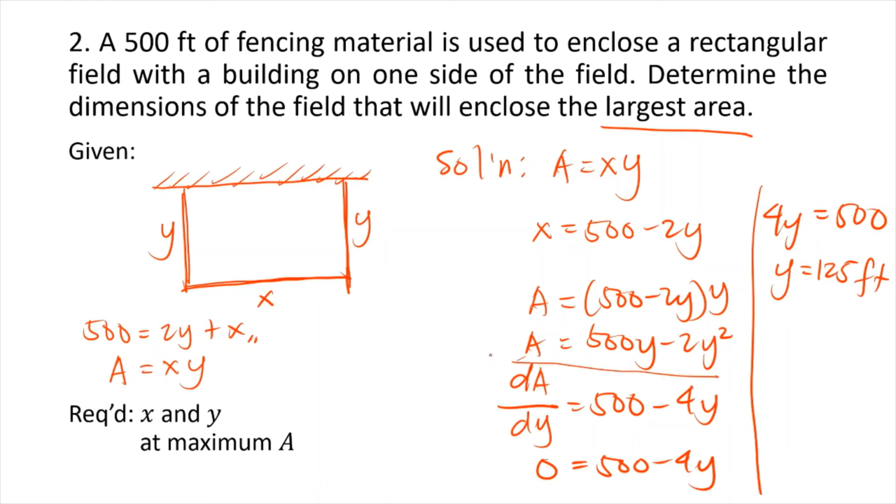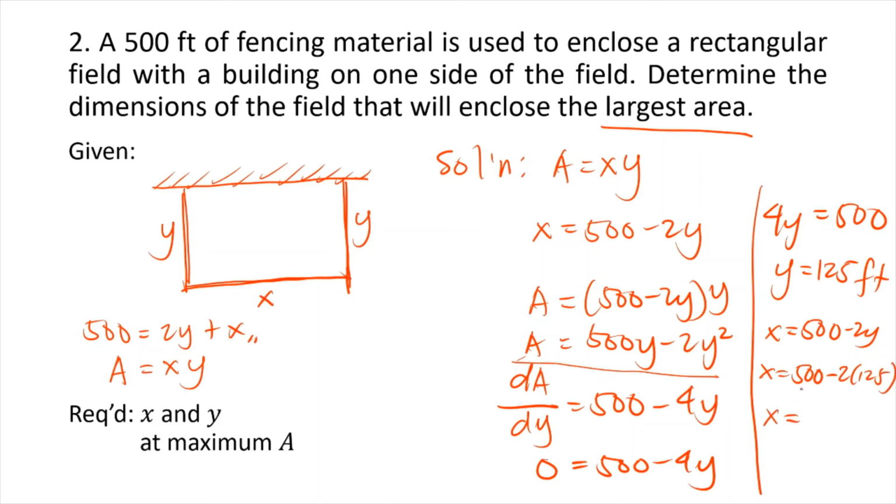We can now solve for x. x is 500 minus 2y, where y is 125.